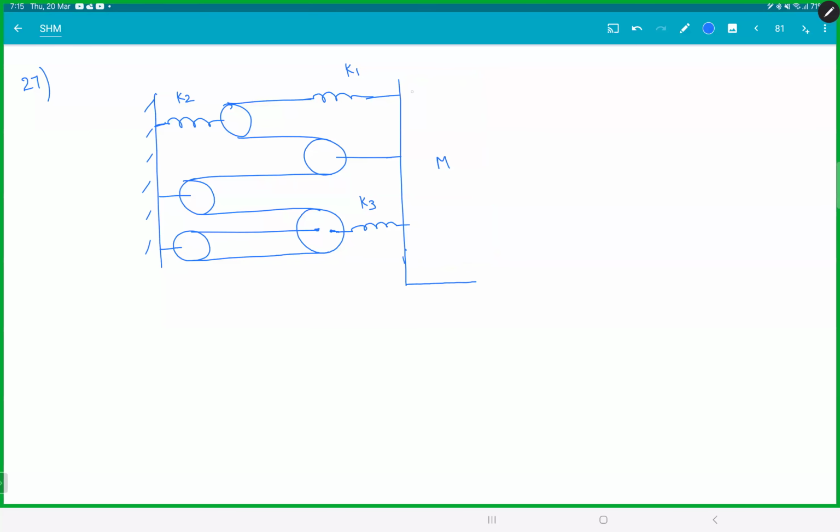Find the time period. You can start with tension T anywhere. Since it's a ratio, that will anyway get cancelled out.